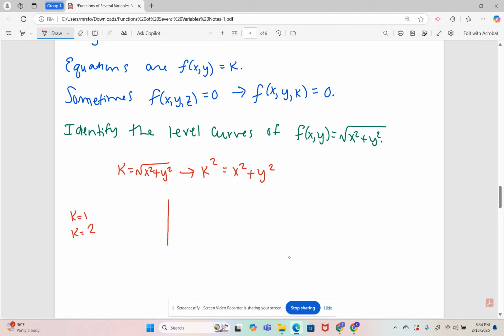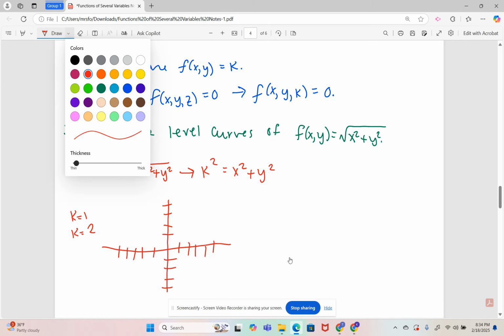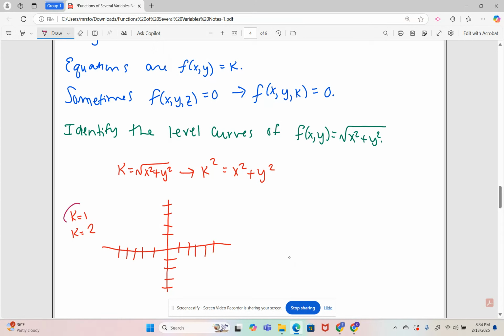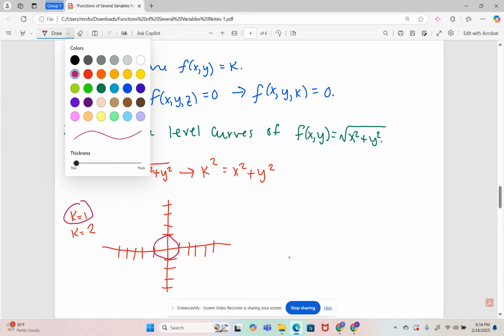From a 2-dimensional aspect, when k is 1, it would be a circle.